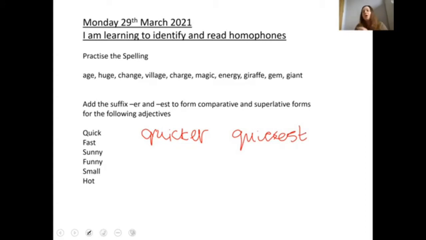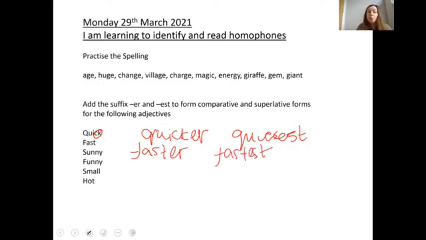Okay, and we don't have to change anything on this word because we have 2 consonants here, and the rule doesn't apply for this sort of words. Then you have fast. Again, you have faster, easy word, faster, and then you have fastest.